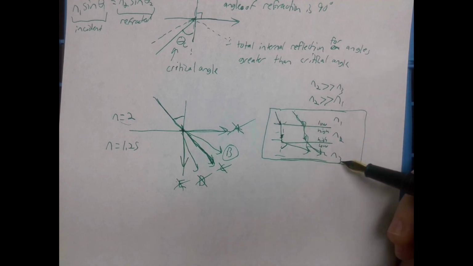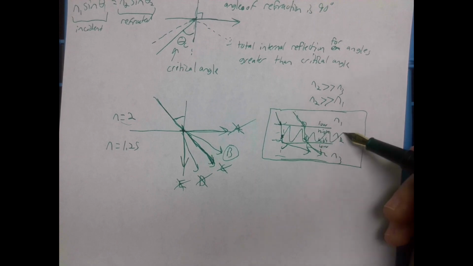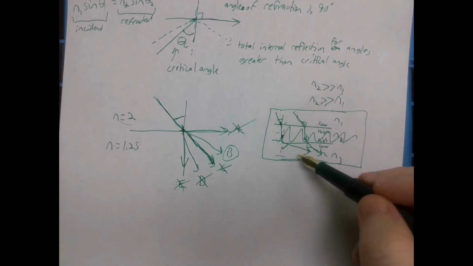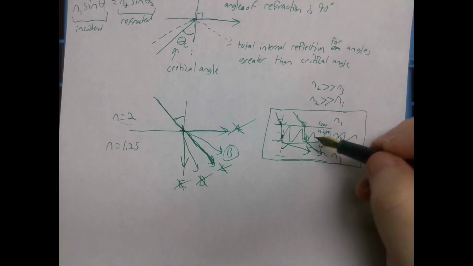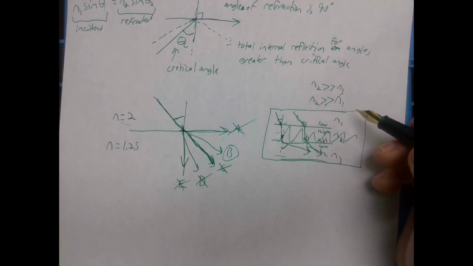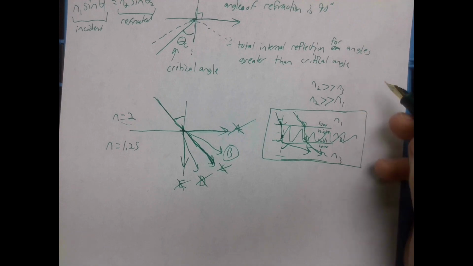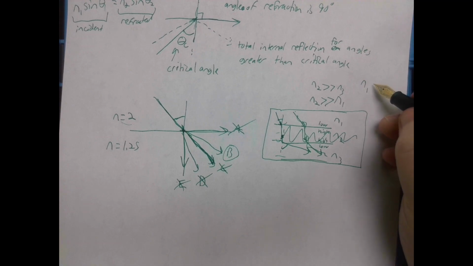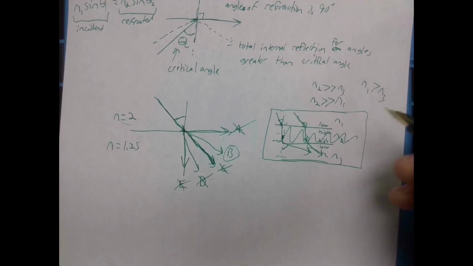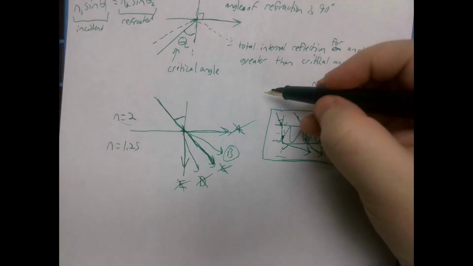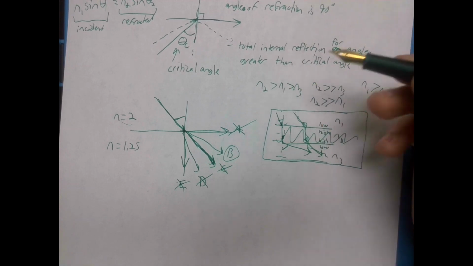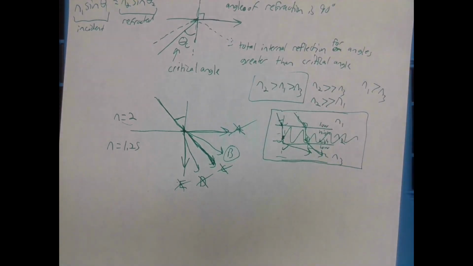We can just ignore the middle one to compare N1 and N3. We can see that the angle has significantly changed. It's bending away, so bending away means we're going from high to low. So N1 is higher than N3. So the order is N2 is greater than N1, which is greater than N3. Make sense?